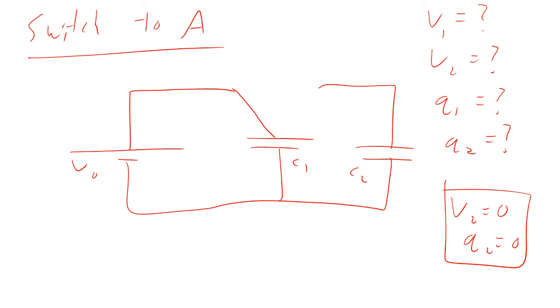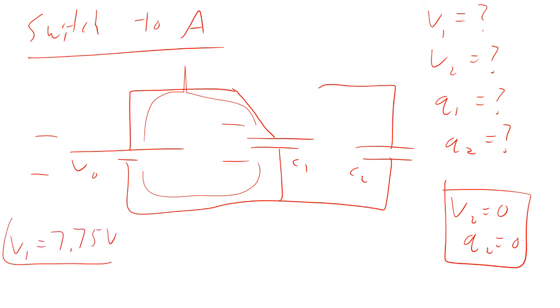Now for capacitor 1, it's connected to the voltage source. So this is all one voltage. If that difference right there is 7.75 volts, that's going to be 7.75 volts. So that means that V1 is 7.75 volts.